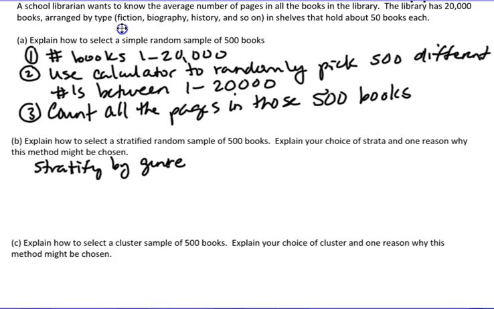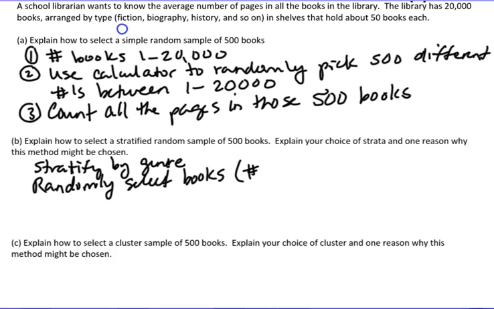So maybe we would divide it into a certain number of genres. I don't know how many different genres there would be. Maybe reference books would be another genre, and so forth. And then you would randomly select within each genre. I'm not sure how many you would randomly select because you want 500 in all, but randomly select books.